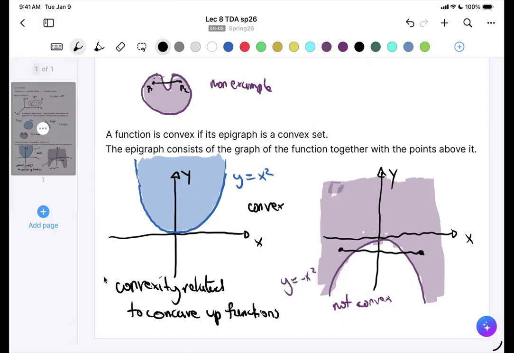But it's a generalization because, for example, if you look at the graph of absolute value of x, the epigraph will still be convex, but absolute value doesn't have a first or second derivative at the origin. At least when the function in Calc 1 was concave up, with always a non-negative second derivative, then the graph was convex.